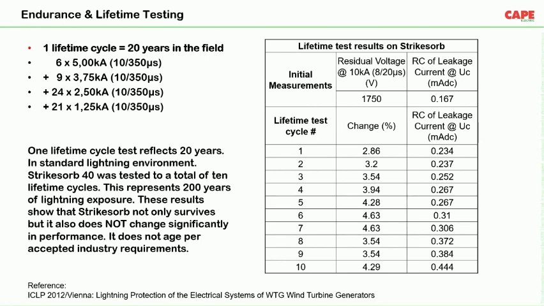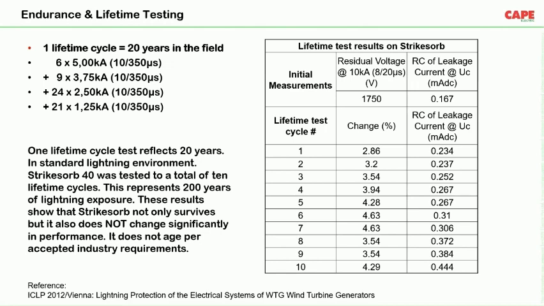An SPD is given 6 numbers of 5 kiloampere 10 by 350 impulse, 9 numbers of 3.75 kiloamperes 10 by 350 impulse, 24 numbers of 2.5 kA 10 by 350 impulse, and 21 numbers of 1.25 kA 10 by 350 impulse. This constitutes one lifetime cycle. Each Strikesorb 40 is tested with a total of 10 lifetime cycles. That means a Strikesorb 40 under normal conditions is going to work for 200 years. But anyway, we don't know how things will be in 200 years. So we generally ensure 20 plus years of life for an SPD.